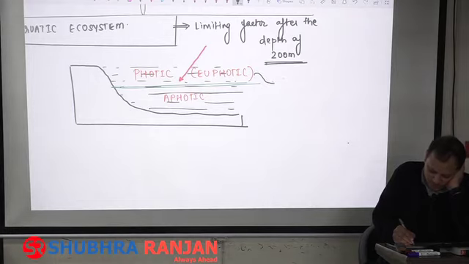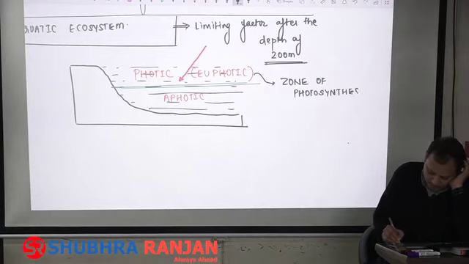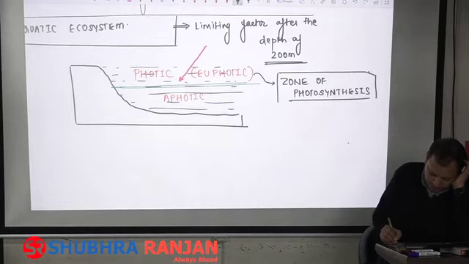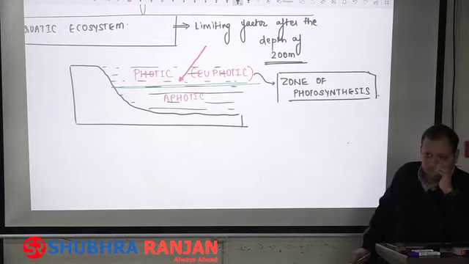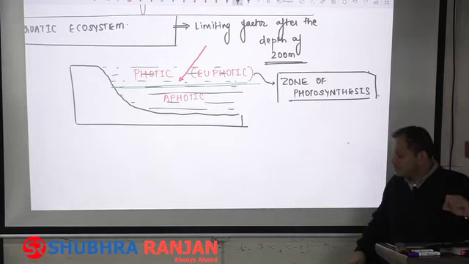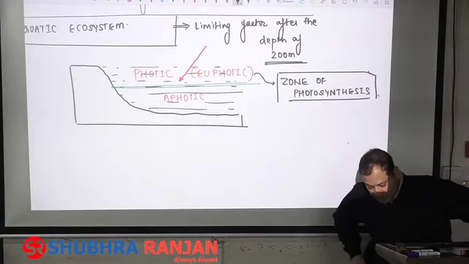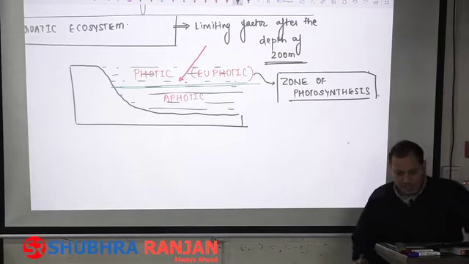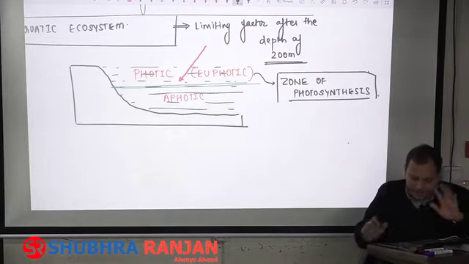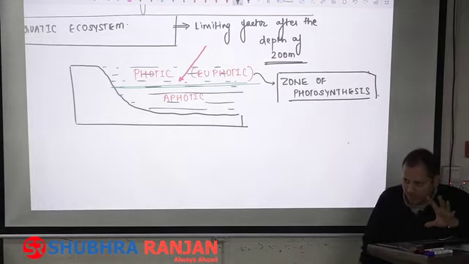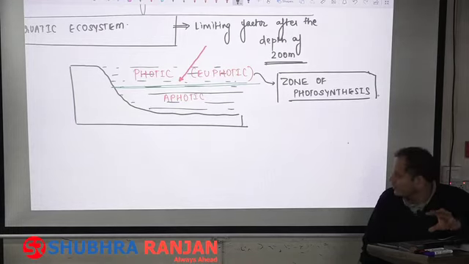So the photic zone is the zone of photosynthesis, and therefore has a high amount of biodiversity. Fine, very easy.